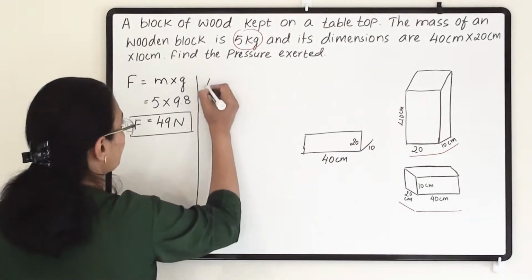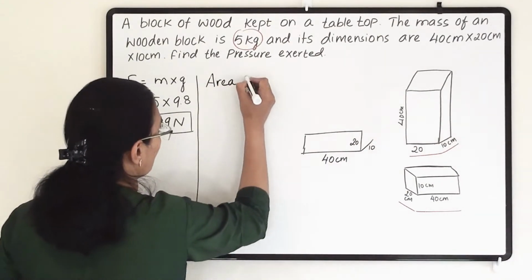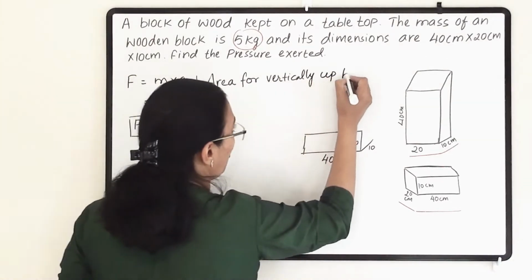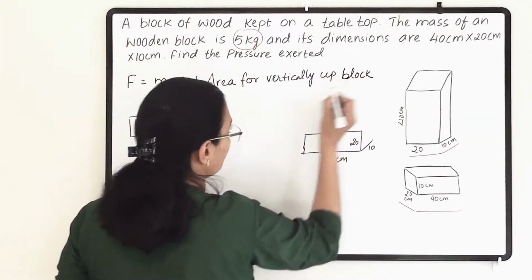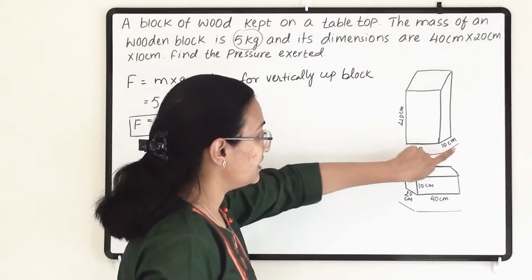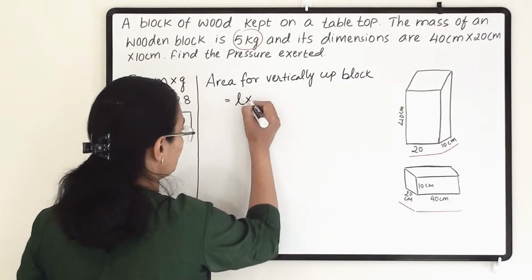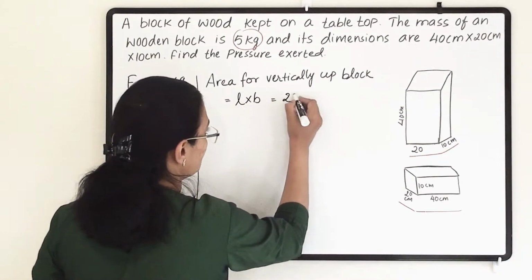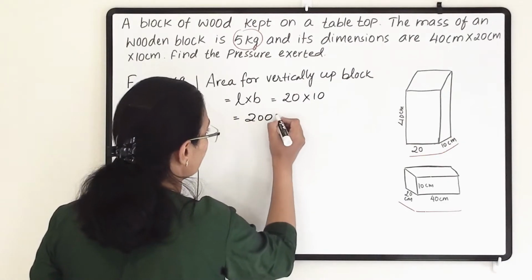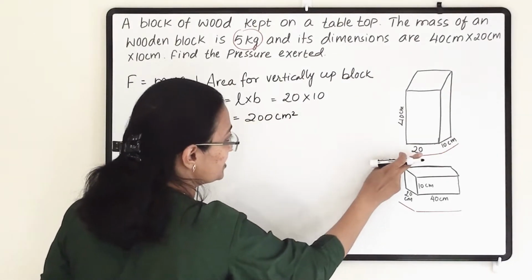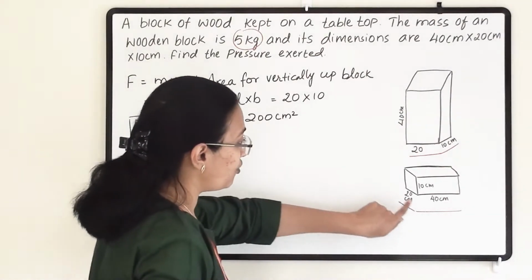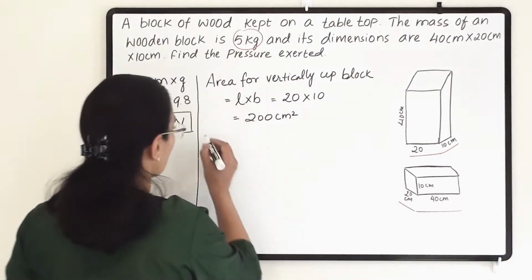So area for the vertically up block equals, for area we multiply length into breadth. So L into B, here 20 into 10, so area is 200 centimeter square, because the unit is centimeter, so area is centimeter square. Now area for the horizontally lying block.